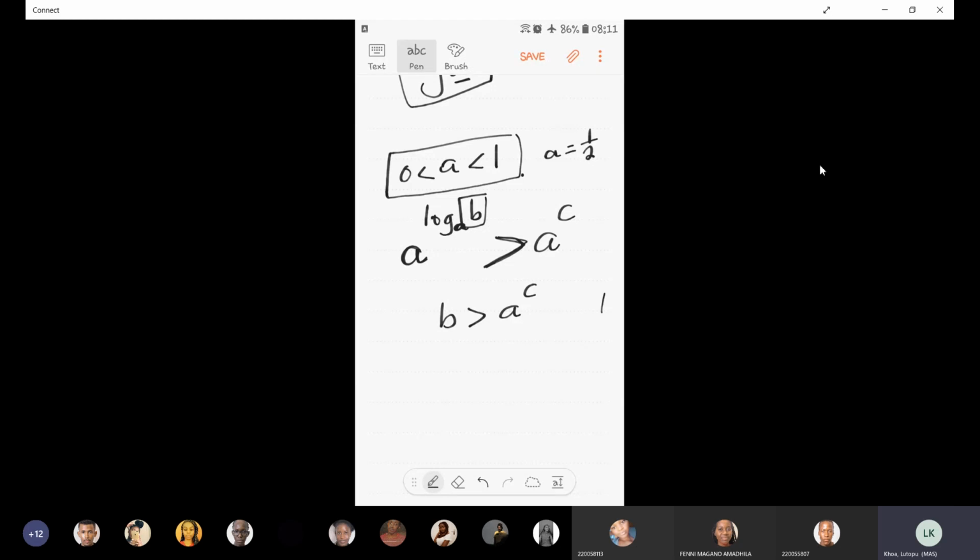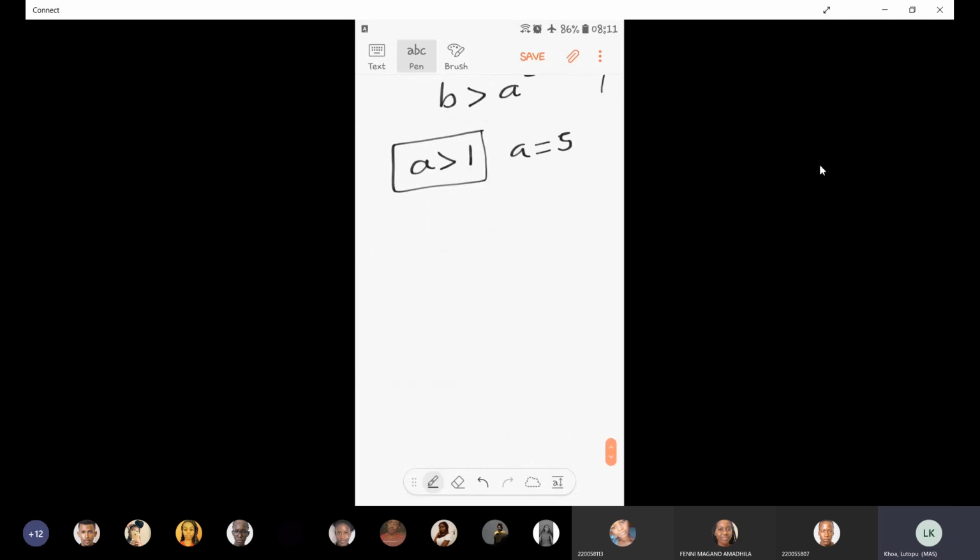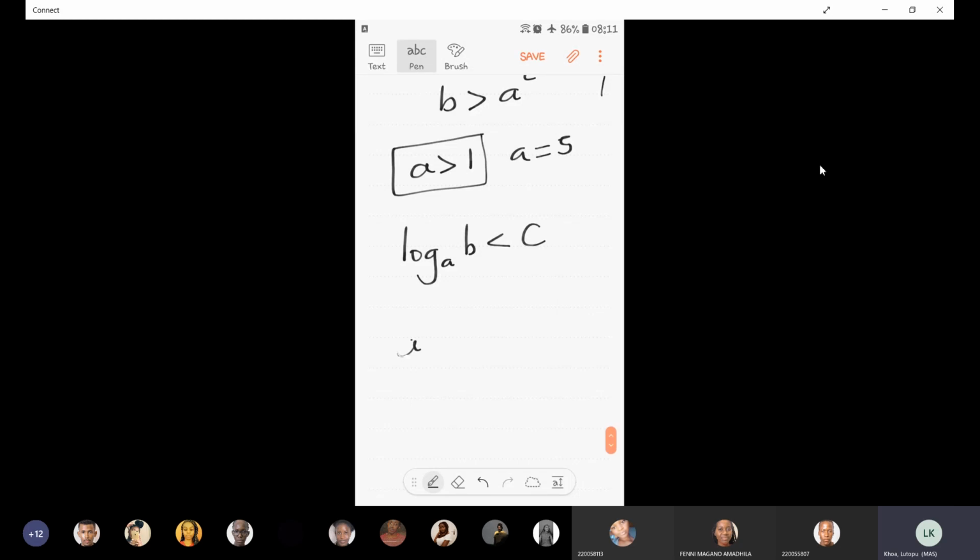Then if your a is greater than 1, let's say a is 5, for example, and then you are given log base a of b is less than c. Here you just exponentiate both sides. The sign remains the way it is facing. Okay, so you can see over here it was less than.